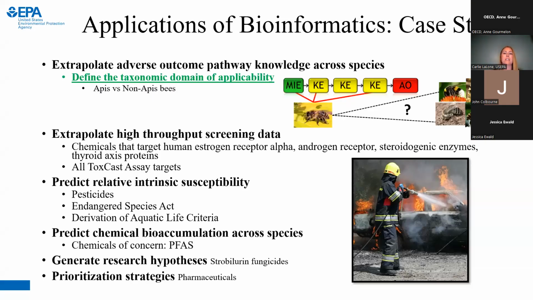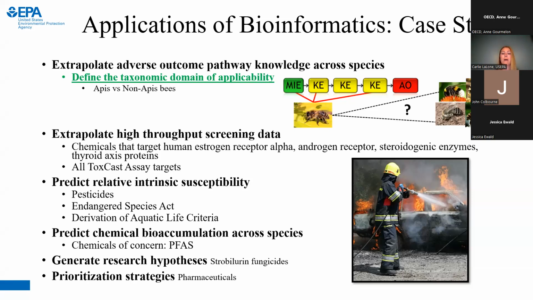So some of the applications that we've looked at for the SeqAPASS tool and demonstrating its utility are listed here, centered around extrapolating high throughput screening information. If we think about the endocrine disrupting chemicals, we looked at endocrine targets and extrapolating knowledge from ToxCast, for example, across species. We use the tool specifically to predict relative intrinsic susceptibility.